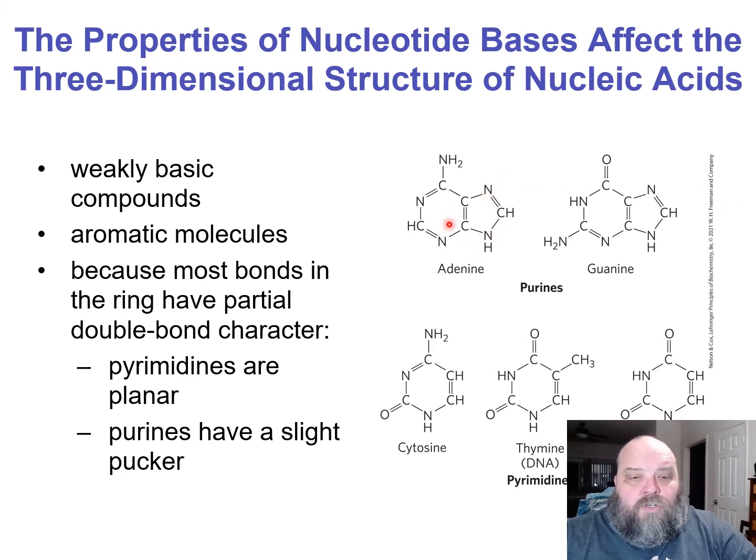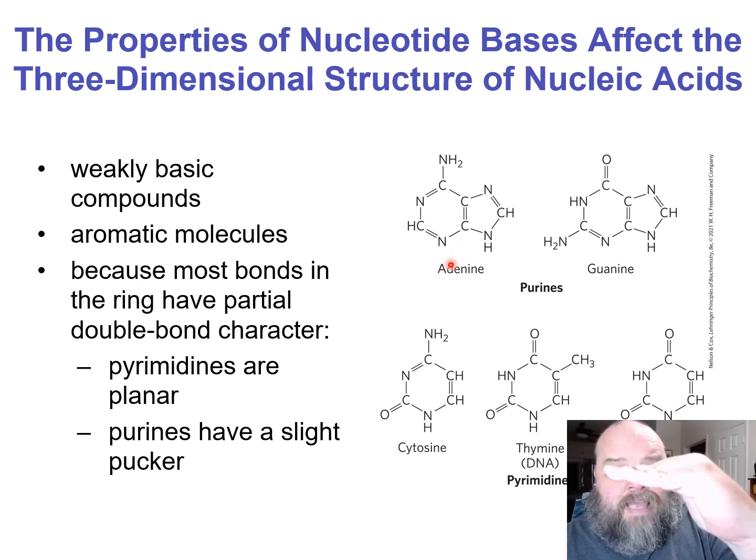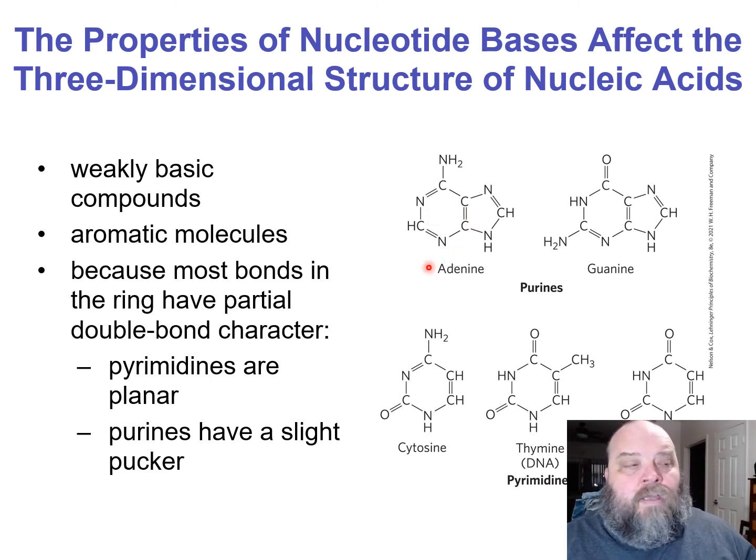When you look at the structure of these nitrogenous bases, they're not flat. Remember the sugars had a little curl at the end. Well, these guys aren't going to be flat either. They're going to have little twists, little tweaks of their own. Pyrimidines are going to be more planar, not so many twists, tweaks, bends, and curls.